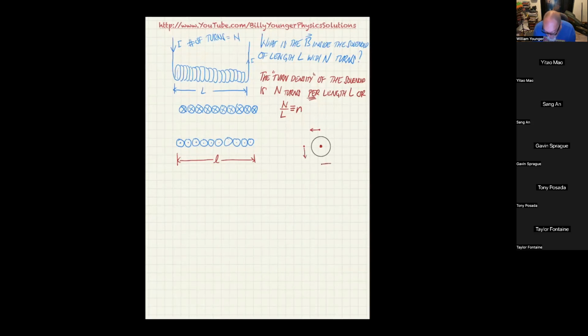Right here, it will point that way. And then right here, it will point that way. And even on the diagonals, it's going to be diagonal like that. Okay, so hopefully everybody follows that.